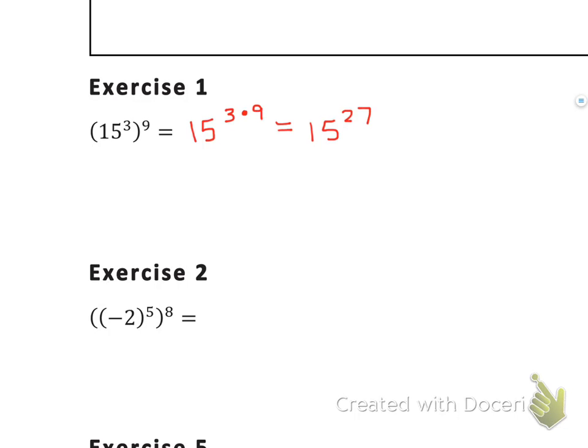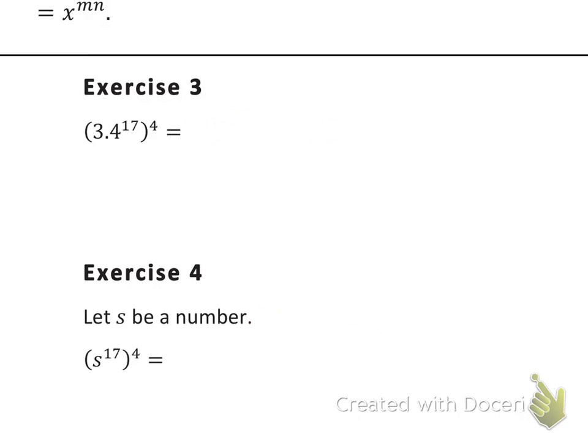For exercise 2, we have negative 2, with the extra parentheses because of the negative number, taken to the 5th power. And then that value is being raised to the 8th power. So that is negative 2 to the 5 times 8, and we can write that as negative 2 to the 40th power. Again, remember that we have parentheses around that because it's negative.